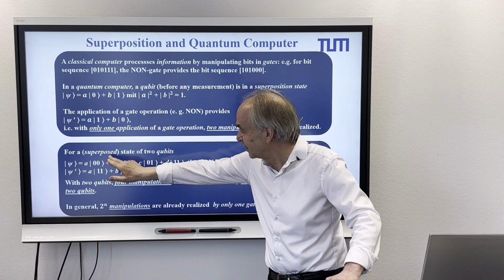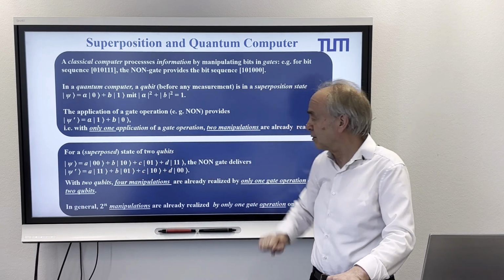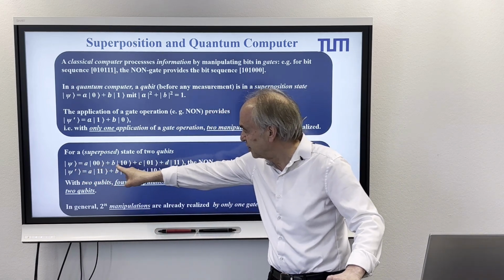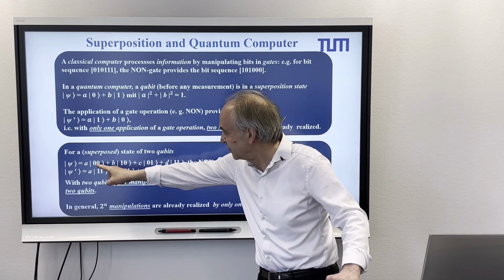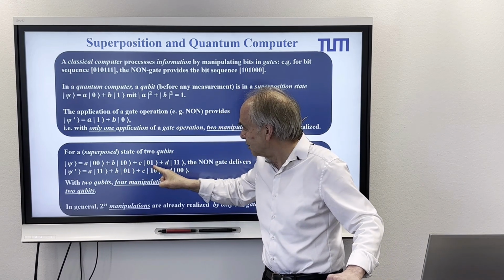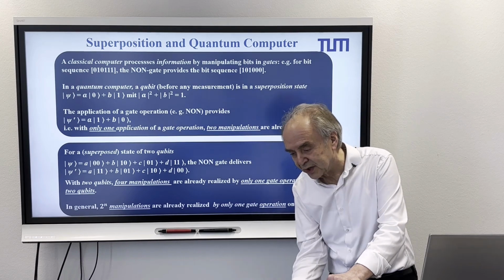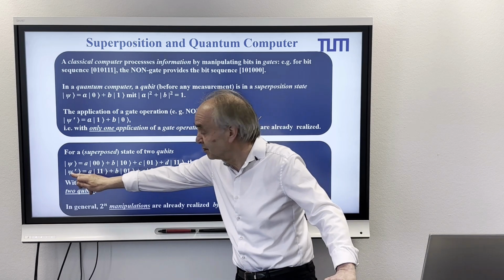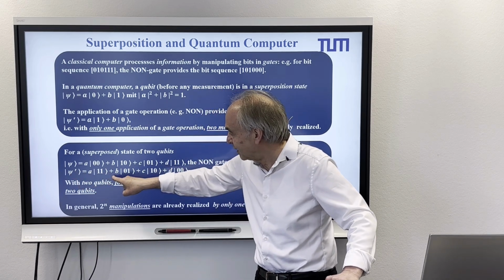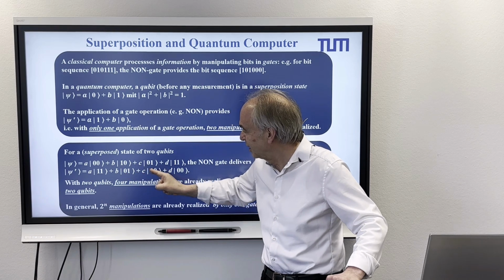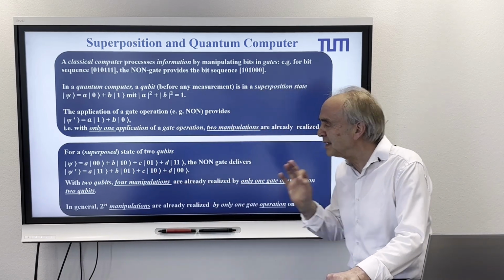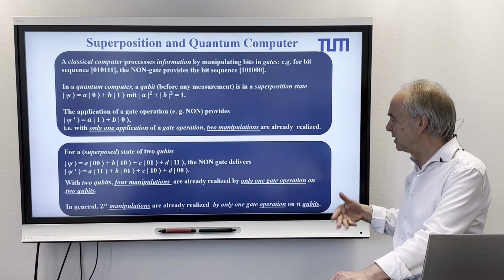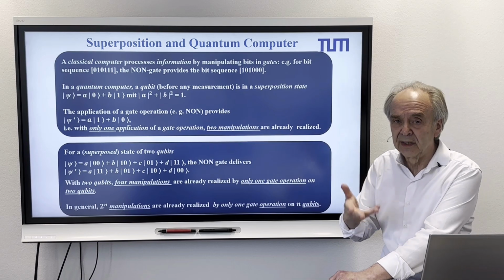Now we go a step further. Let us consider a superposed state of 2 quantum bits. That is represented here, psi. We have these 4 cases here, 00, 10, 01, 11. And then you again apply the NOT gate. And that leads to psi prime. And now here the corresponding manipulation. So that means with 2 qubits, 4 manipulations are already realized by only one gate operation.